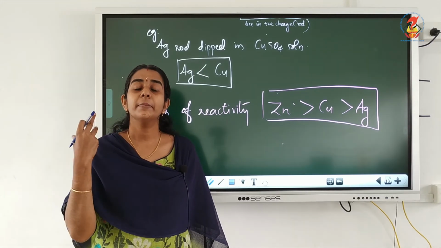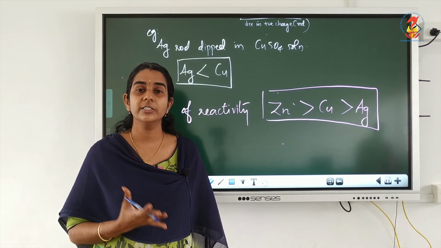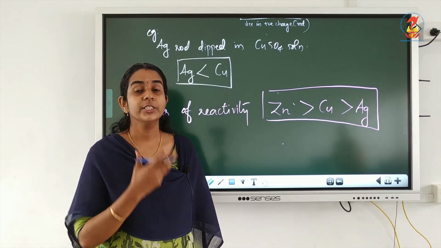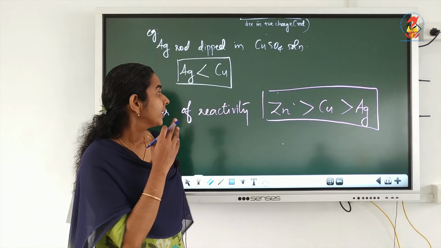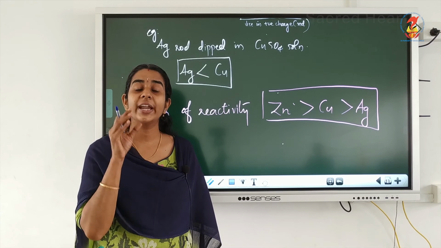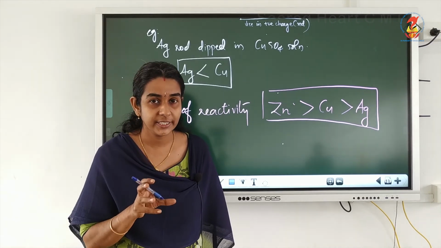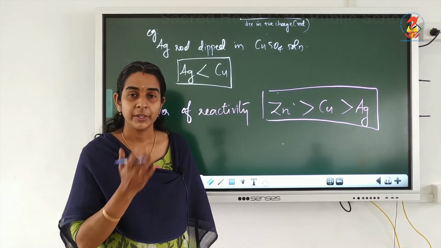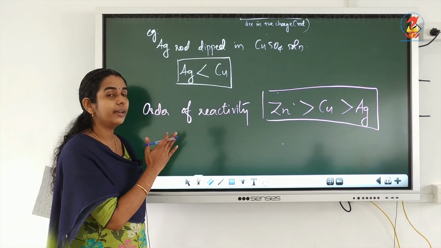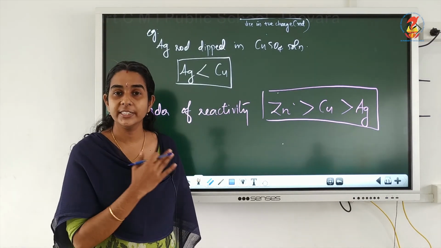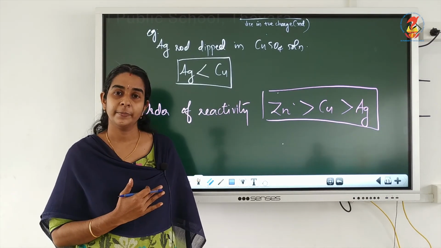That means the batteries that we use in torches, clocks, inverters, automobiles, etc. So this concept is very important to design galvanic cells, which is based on the activity series or reactivity series. The series you will study only next year, but the basic concept behind this activity series or reactivity series is this competitive electron transfer process.